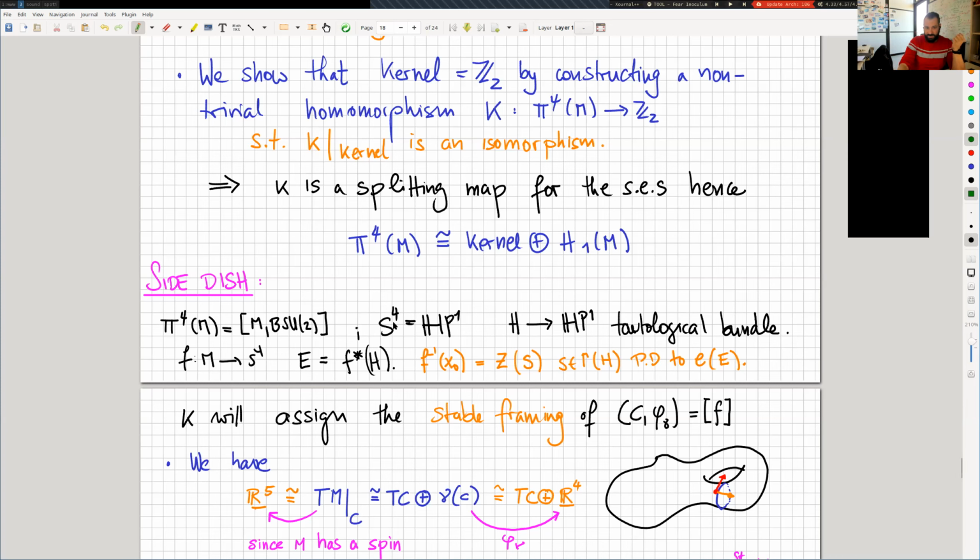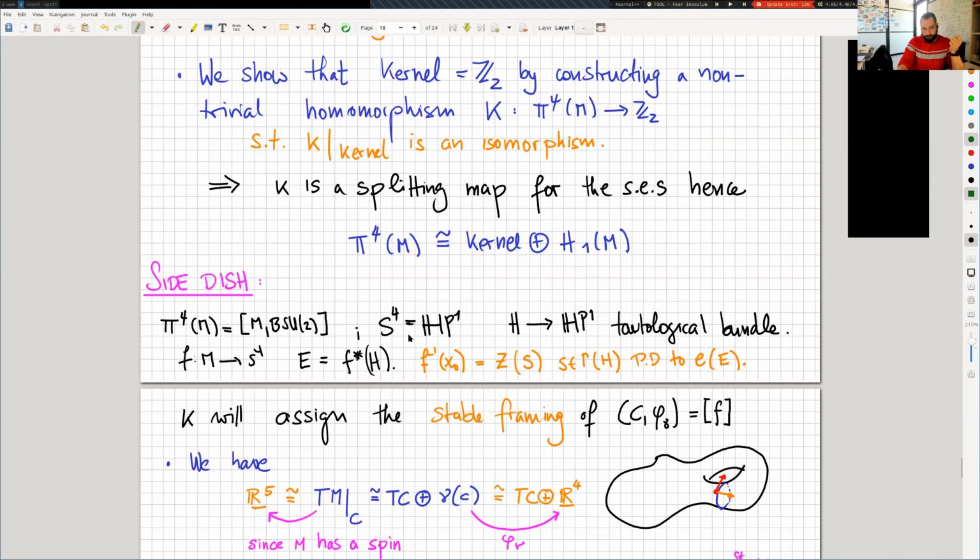This serves as a universal bundle for these vector bundles, meaning that every vector bundle with structure group SU2, let's say, every complex vector bundle where c1, or the determinant bundle, is 0, you can get by pulling back this tautological bundle to M by a map from M to S4.